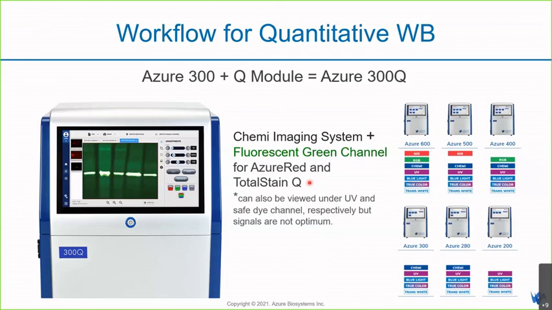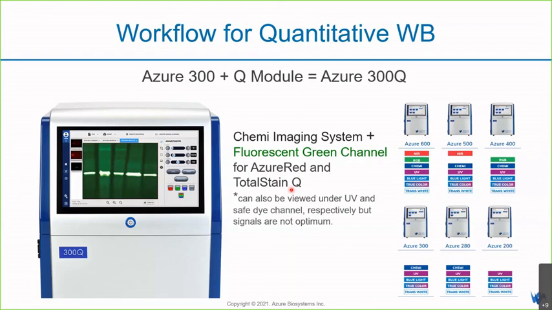One of the things is these two dyes can also be viewed under UV channel and also SafeDye channel respectively, but of course the signals are not optimum. The optimum signals for these should be the fluorescence green channel. Just a quick brief about these two dyes. These are both post-transfer labeling with no chemical bond.